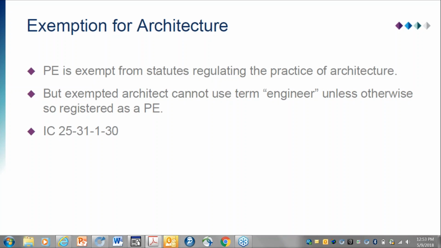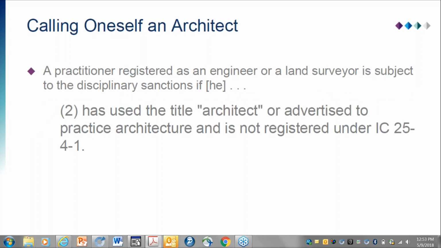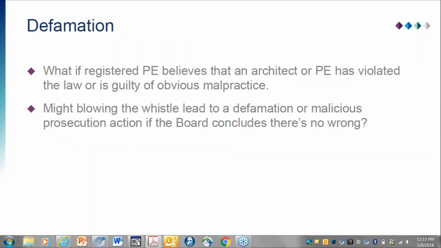But this idea that PEs might somehow be able to practice architecture without being an architect, I don't think it goes that far. That is not the situation. And of course, if you use the word architect when you're not, obviously that's going to bring sanctions. That's no surprise. I mean, goodness, that's hardly the situation one would want to put herself in.